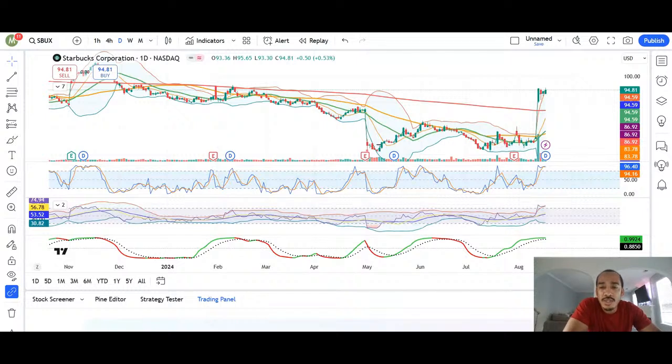So most of the time when a gap is present in a stock, and what I mean by a gap is if you look over to the right, you got four E's on this chart. The first E is a green, the second one is a red, the third one is a red.